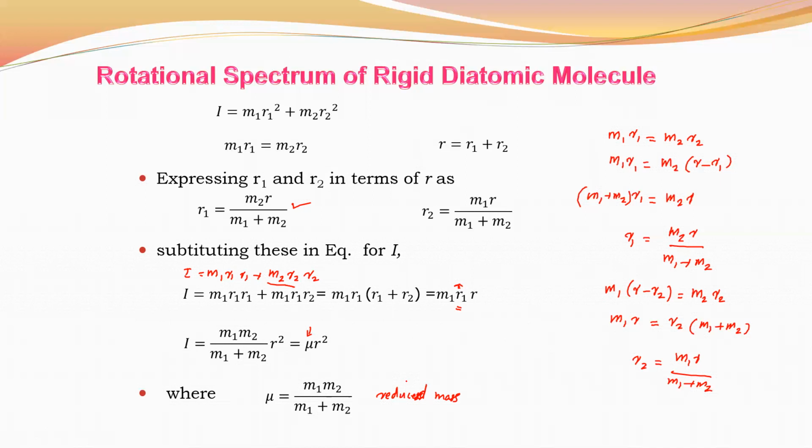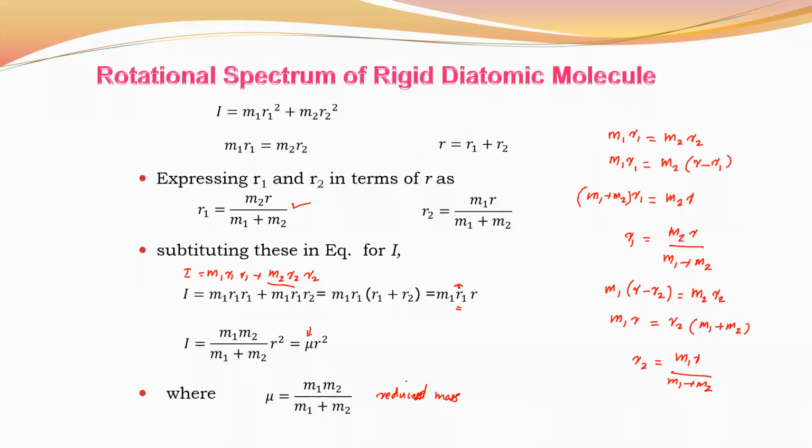Then to obtain its energy, how can we obtain the energy of such a rigid rotor? In the microscopic case, we use quantum mechanics.